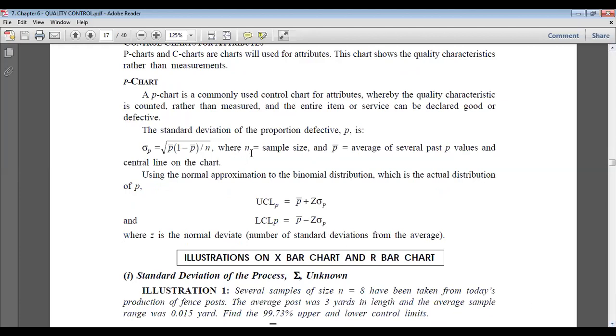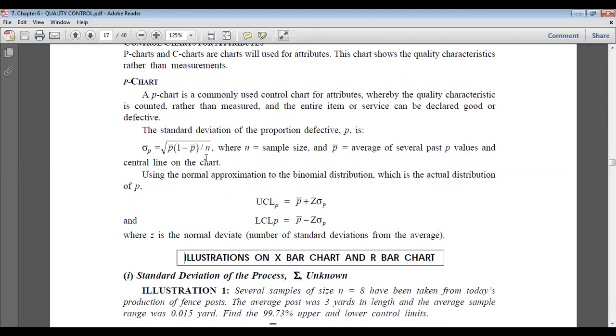Control limits are calculated differently here, because in the earlier case we calculated the control limits by taking the mean dimension and the standard deviation.